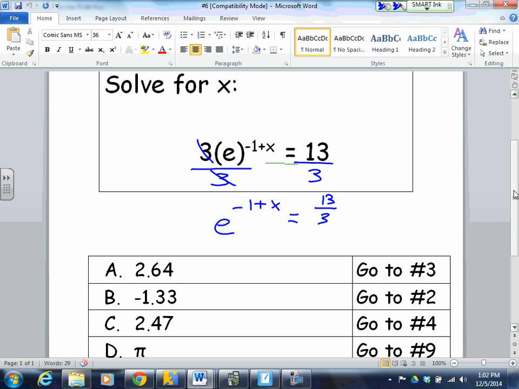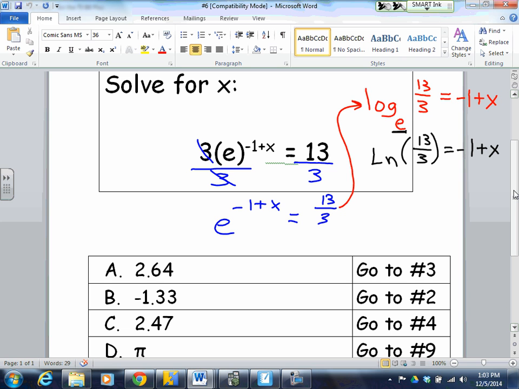So if we do this, we're now ready to change to log form, because again, your variable is an exponent. So if we change to log form, I'm going to write this out. Log, what's the base? The base is e. I'm taking the log of 13 over 3, and I know it needs to equal whatever the exponent was, right? That might look weird. I wrote log base e, but just recognize that's just the natural log. So this is really just the natural log of 13 over 3.